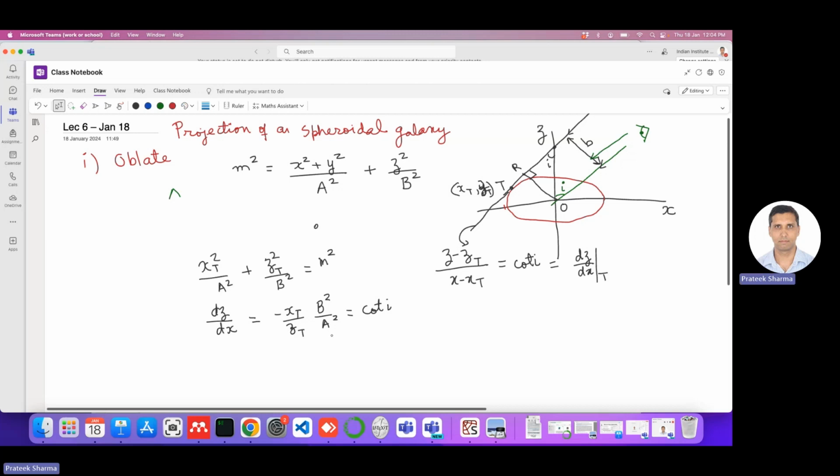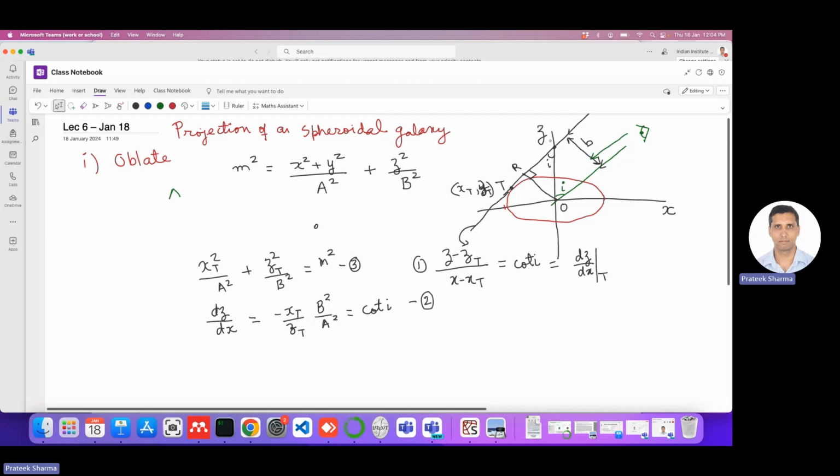So now we have three equations, and we can combine them to obtain the distance OQ.